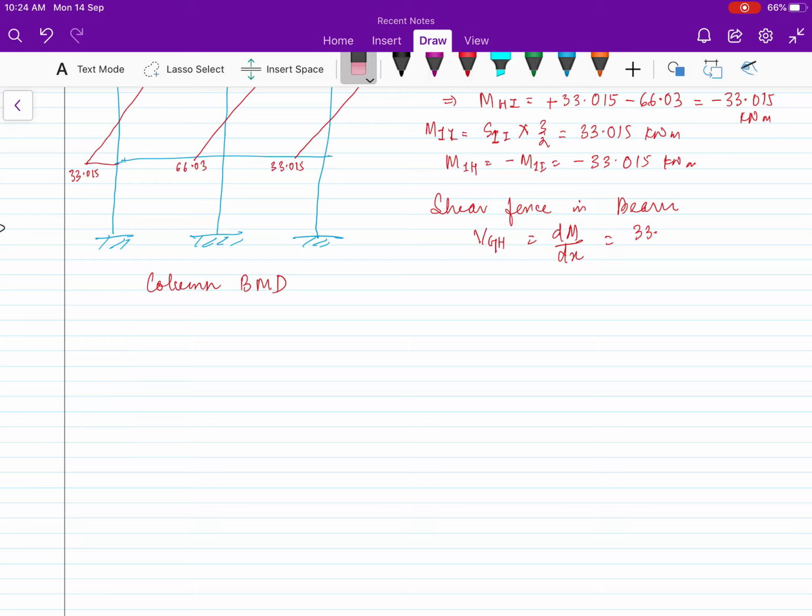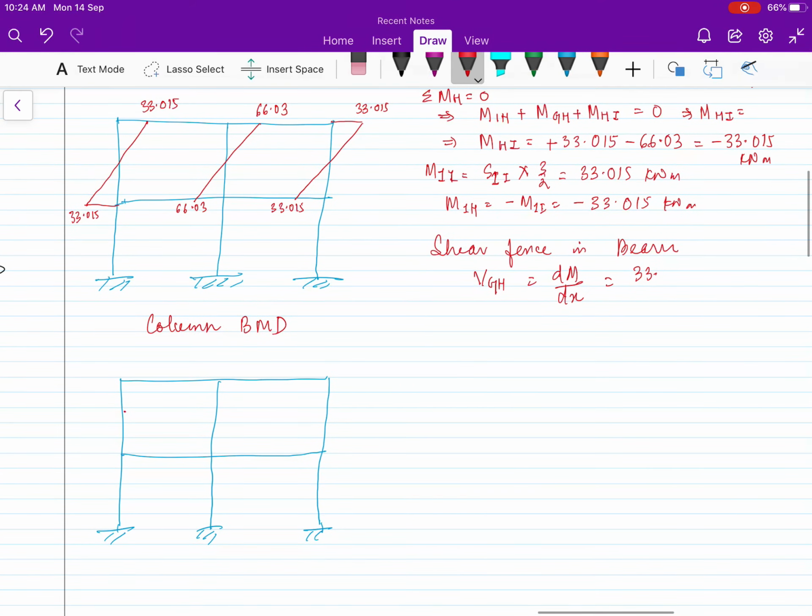So next is for the beam. I'm not going to put it there, I'm going to draw it separately for clarity. Okay, so for the first, here also we got 33.015 because the summation of moment was 0.